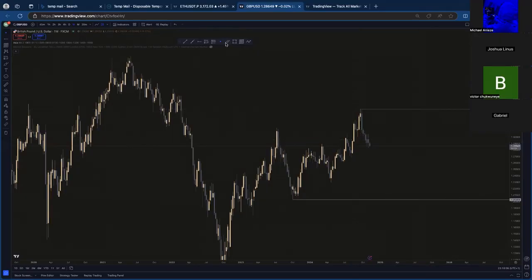Do you know that price can even come into this point, take here, and then start buying again? This is very possible. Do you know that price can come into here?